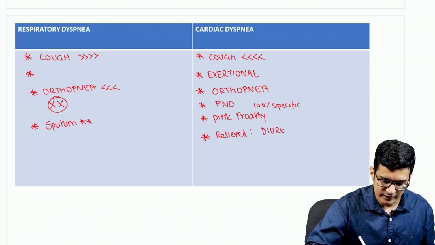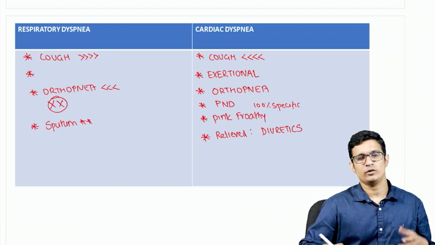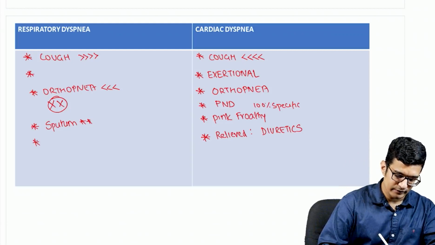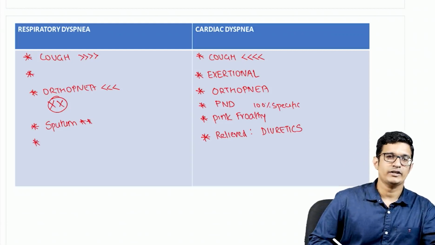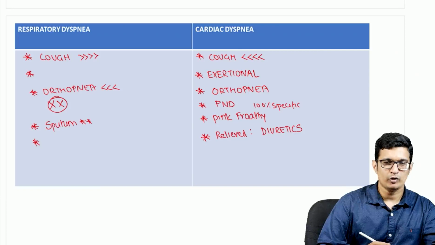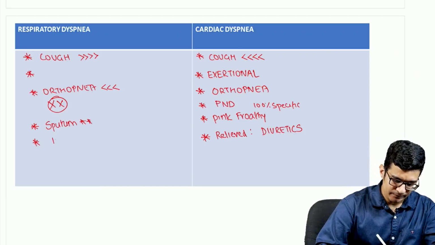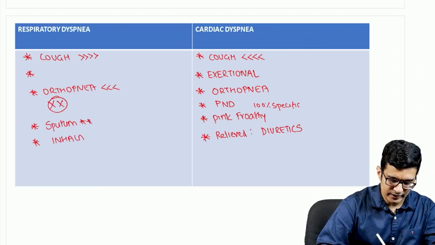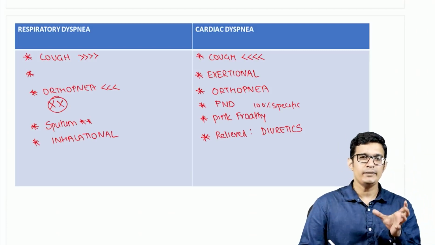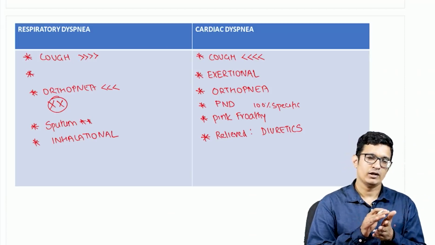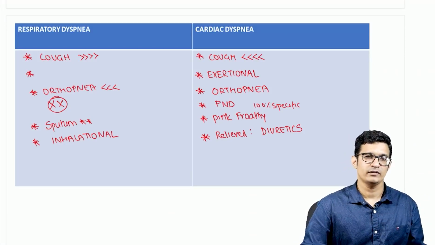Diuretics like furosemide will cause some improvement in the breathlessness of a patient with a cardiac cause, whereas breathlessness in an obstructive airway disease caused by chronic obstructive pulmonary disease or bronchial asthma will be relieved by taking inhalational medications, which are mainly steroids and bronchodilators. Steroids will reduce the edema and inflammation inside the airways, and bronchodilators will counteract the bronchospasm which is occurring as a result of the episode of asthma.